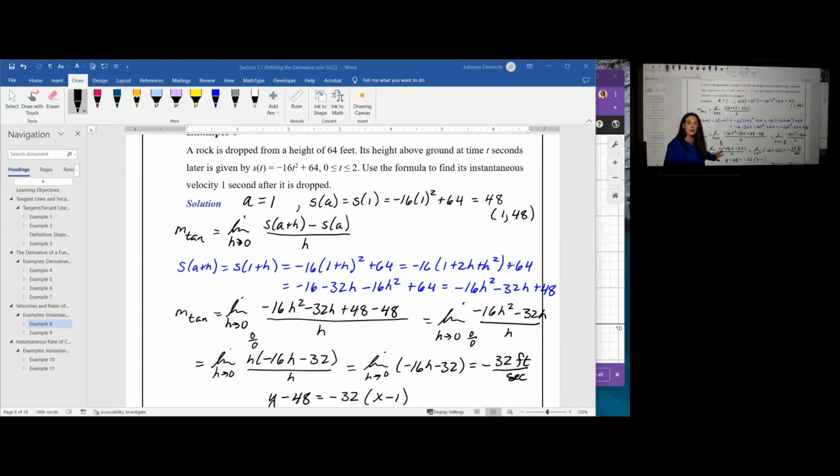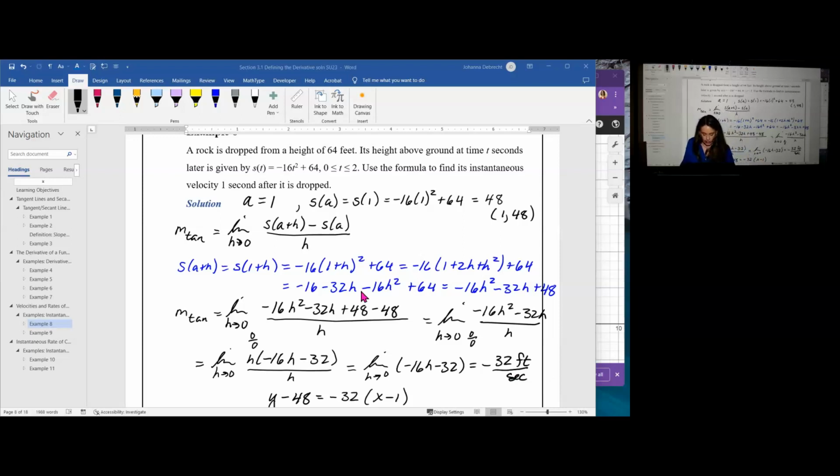So I factored out the common factor of h and canceled it. Notice you could also have taken out a negative 16, but you don't have that in the denominator, so it's not going to cancel. There's no advantage to taking it out, but no disadvantage either. This then left me with a form that did not give me 0 over 0.